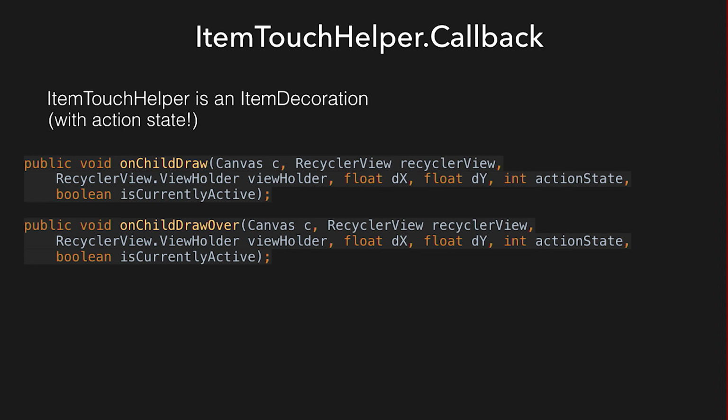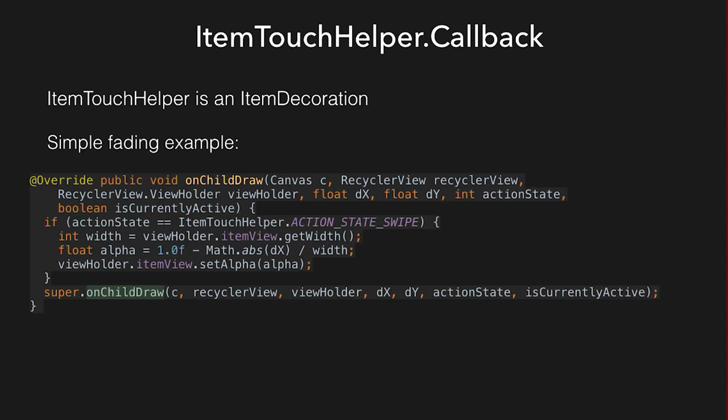Here's a simple fading example. Again, no state management involved. We can just start swiping, and we start decreasing the alpha as we near the edge of the width of the item as it's being dragged off the screen.